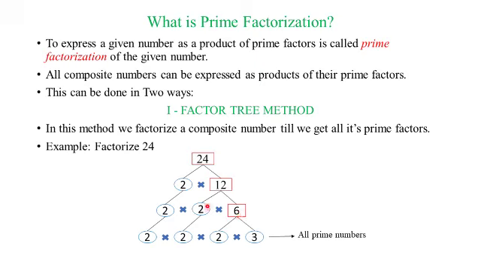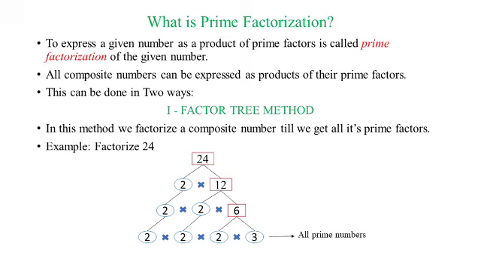Here 2 is a prime number. I circle 2 and 6 is composite number, so I should split down. Now I bring down these two prime numbers as it is and split down 6 as 2 times 3. Here 2 and 3 are prime numbers, so we circle both of them.